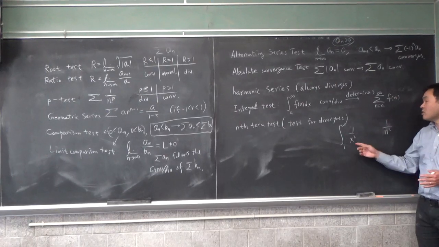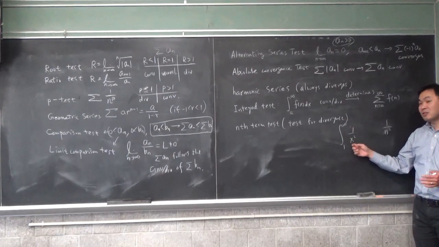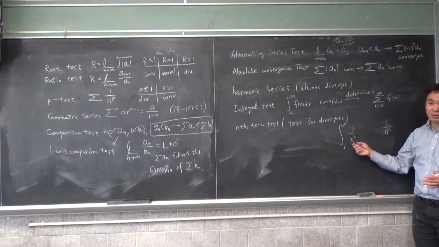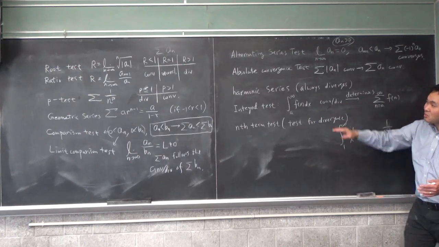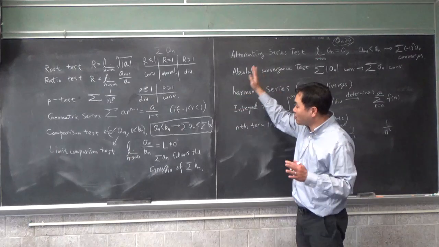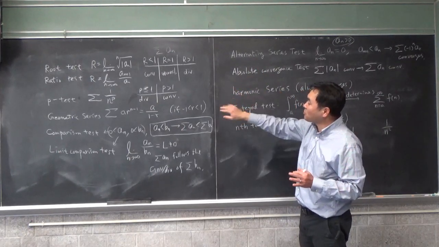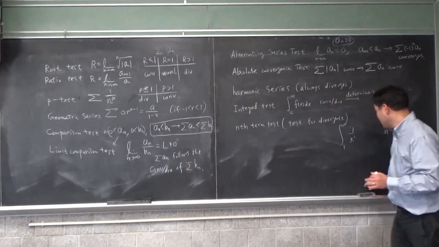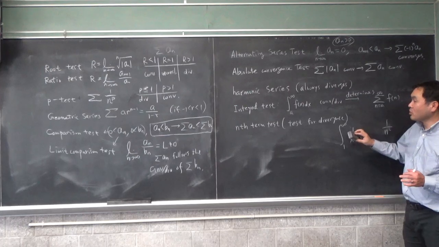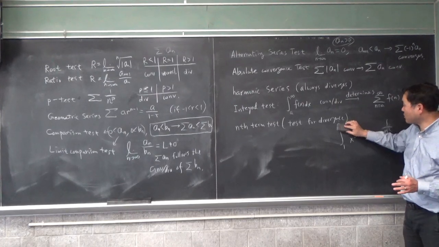So there's a condition about f(x) being monotonically decreasing to 0. That's an extra condition. I'm not writing it. The things I'm writing here are very crude and rough. There are some additional things that I'm not writing here, so you have to solve problems to know those fine points about these tests.